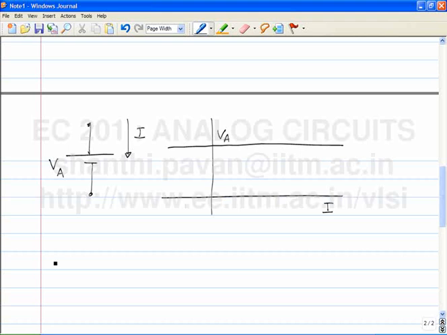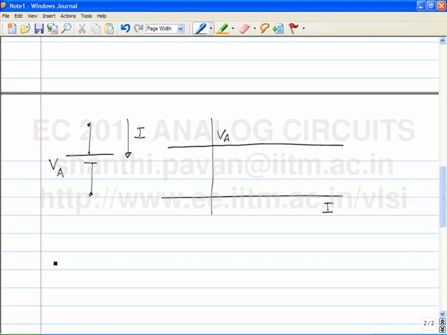When you try and find the incremental equivalent circuit, what are you trying to do? You are trying to find the incremental resistance of this two-terminal element, which is the ratio of the change in voltage across the element to the change in current through it. So here, if I change the current incrementally by delta I, what happens to the change in the voltage? This is an ideal battery.